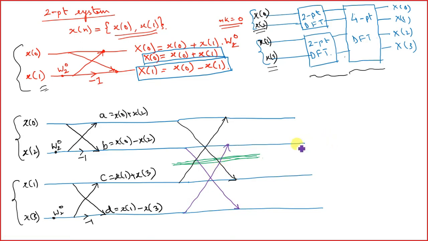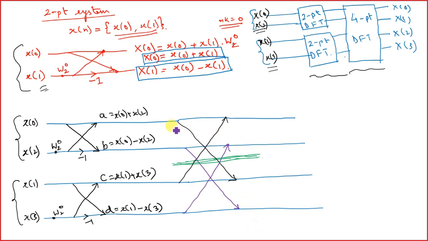Are you getting my point? If you take this green line as a symmetric line, that means above this green line I am having 2 points, and below this line I am having 2 points.